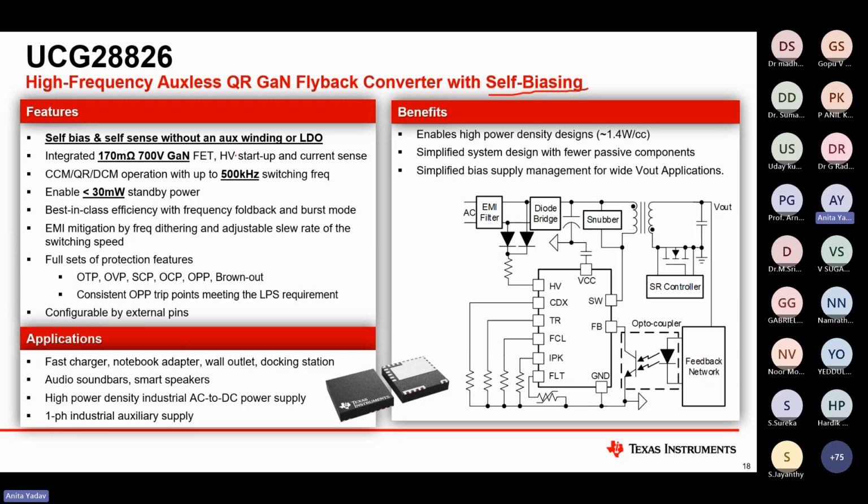This provides best in class efficiency with the frequency foldback and burst mode. So based upon the feedback pin voltage, it cannot do the valley switching. For valley switching higher than the sixth valley, it doesn't go into valley switching.